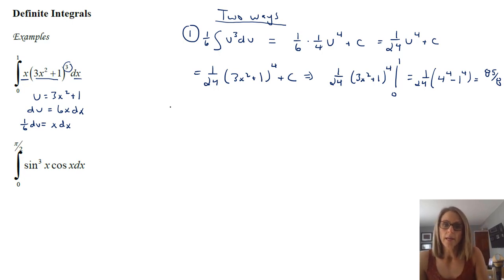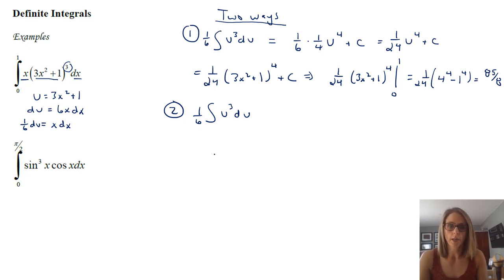The second way is, once you have your 1/6 u cubed du, you can think about putting limits of integration on it. So the idea is, if x equals 0, that's my lower limit of integration, then that means that u equals 3 times 0 squared plus 1, or u equals 1.